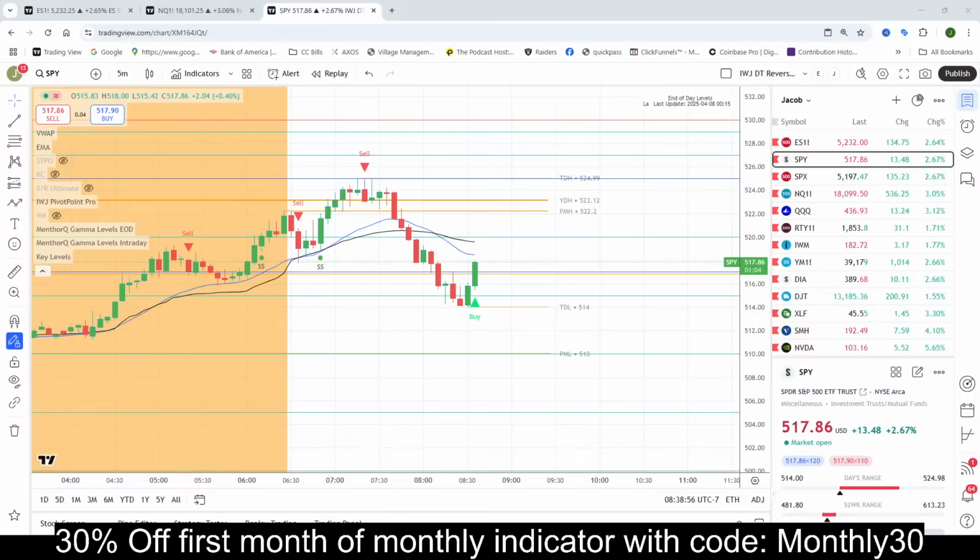We'll see if we can get some momentum back to the upside here for the bulls. $4.12 will be our first take, assuming we can get there.